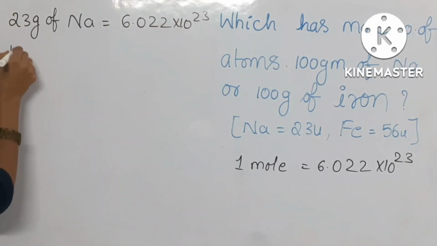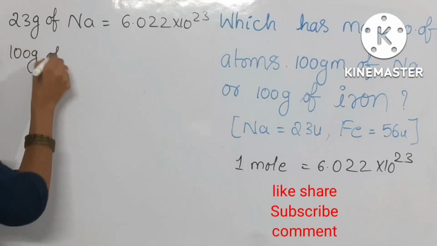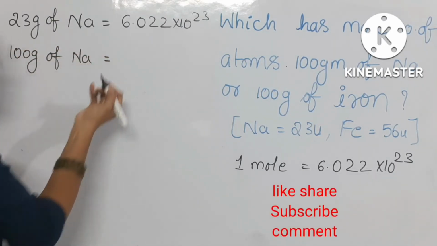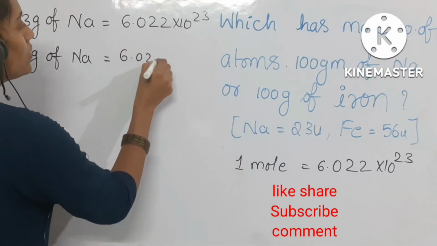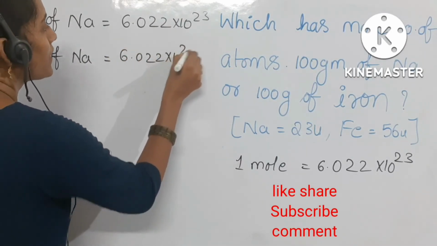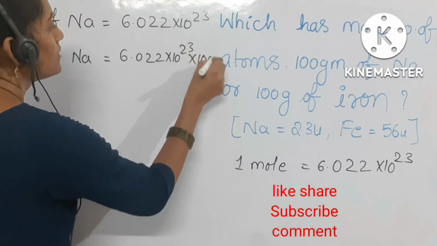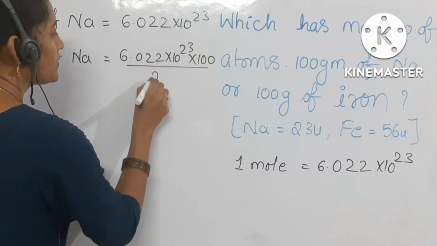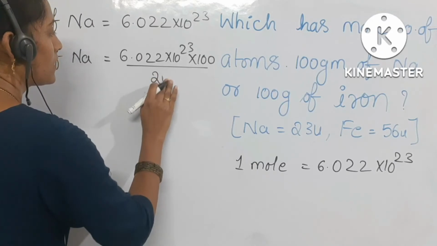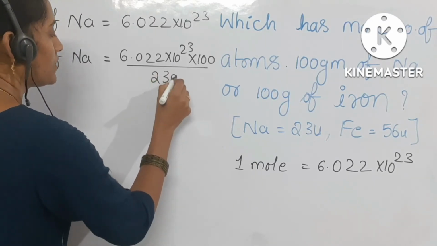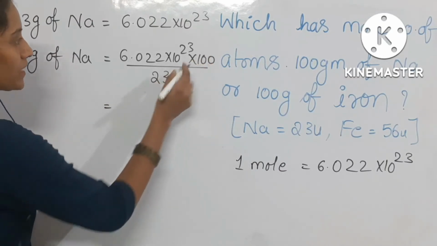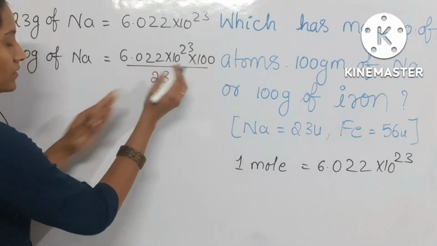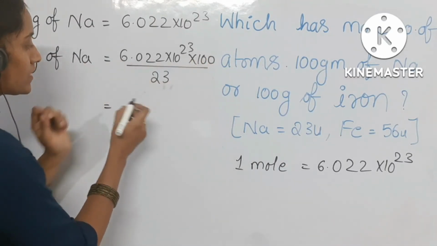Then 100 grams of sodium equals how many atoms, you should calculate. Then 6.022 into 10 power 23 into 100 upon 23 grams of sodium. First of all, you can multiply this 100 with this number.